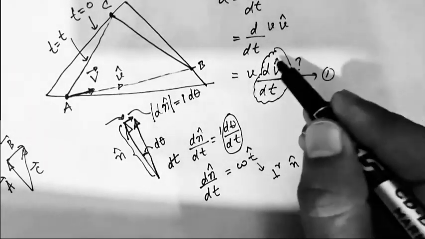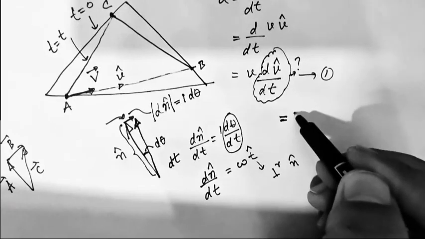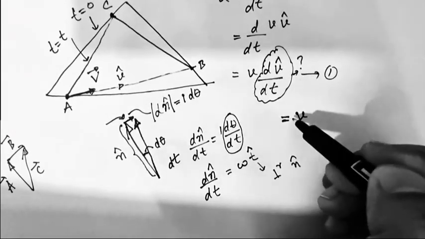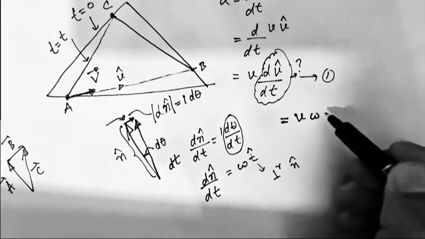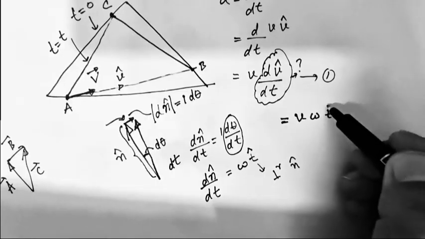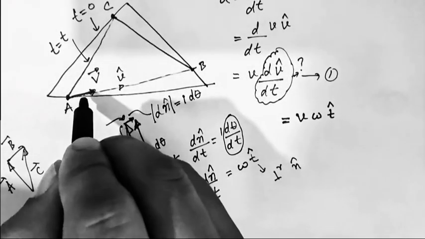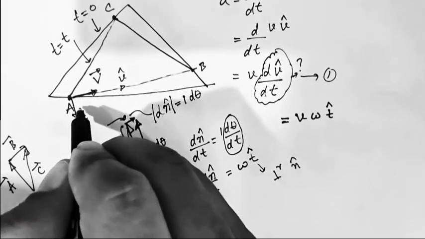So we can write this dv cap by dt as omega times a unit vector which is perpendicular to v cap. So this is your v cap. So this can be called t cap.